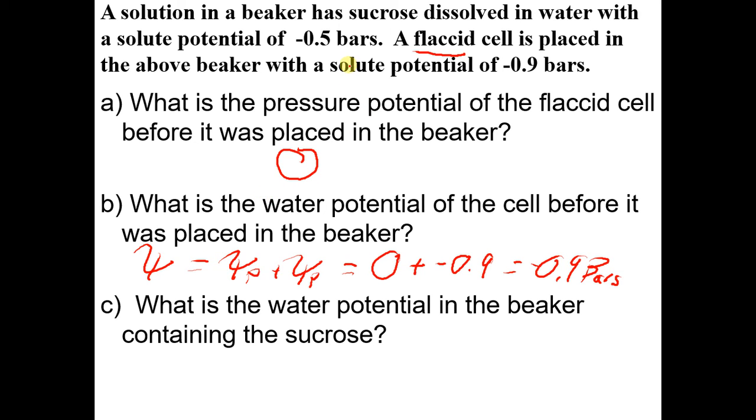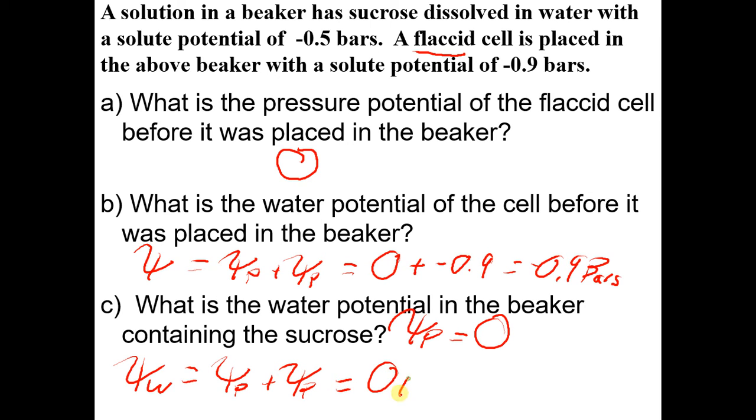It's just a beaker, open to the environment. No pressure being exerted on it, so the pressure potential is 0. So again, the water potential equals the pressure potential plus the solute potential, or 0 plus negative 0.5 equals negative 0.5 bars. Perfect.